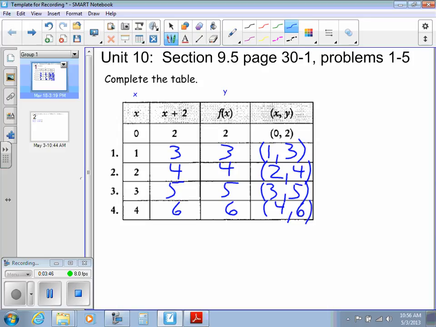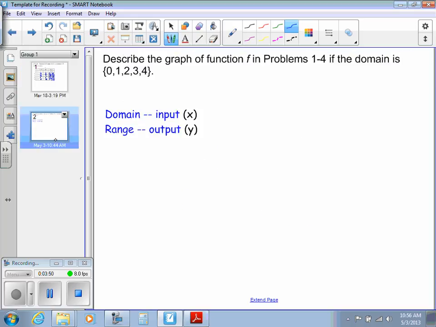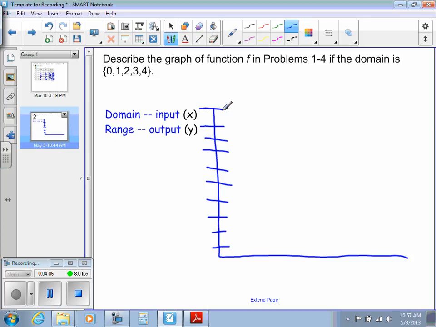So, what is this going to look like? Well, we've got 0, 2, and these are all positive, so I'm going to do a graph that is only positive. So we've got 0. Well, here, let's put in some lines. We've got 0, 2.